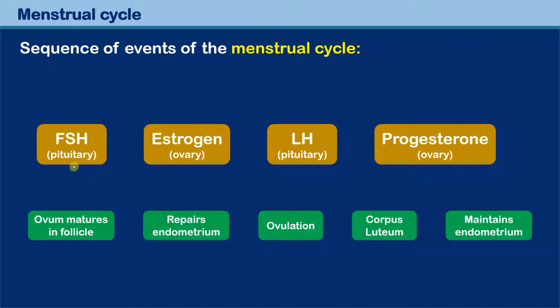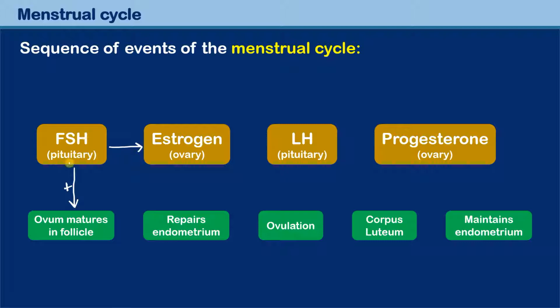So I'm now going to draw an arrow down like this, and because FSH stimulates the maturing of an egg cell, it's a positive effect. I'm going to draw a little plus over here. FSH, however, also tells the cells of the follicle to produce the next hormone called estrogen.